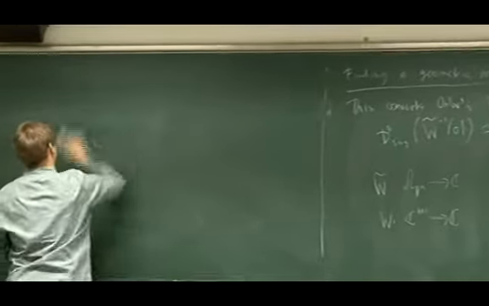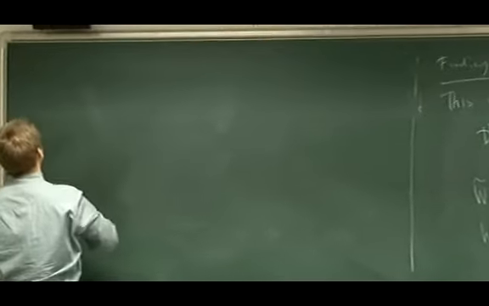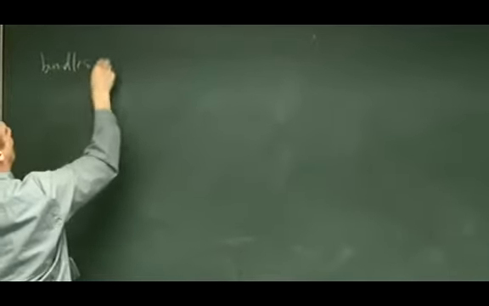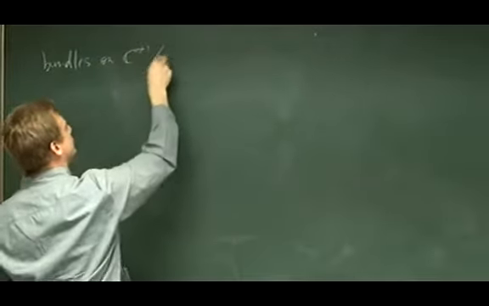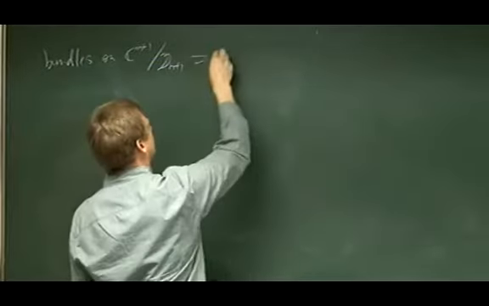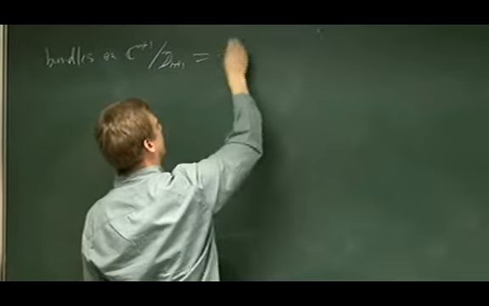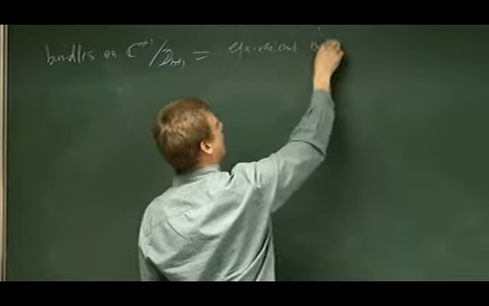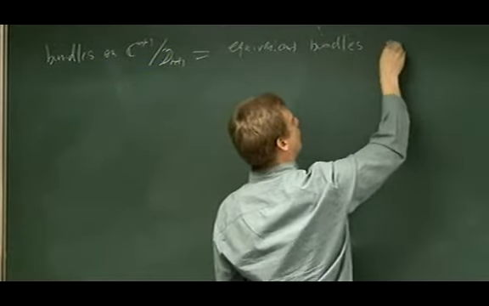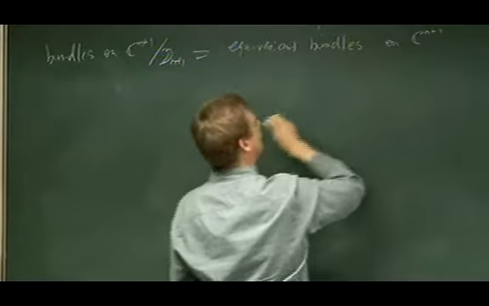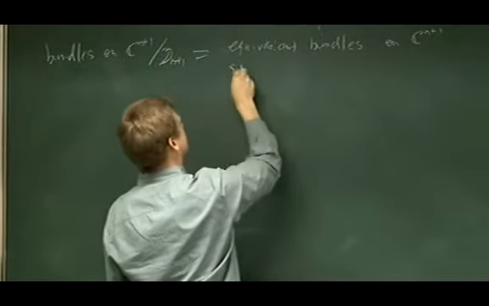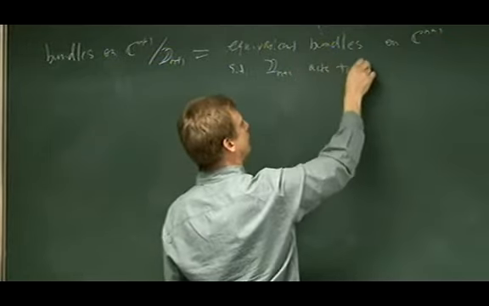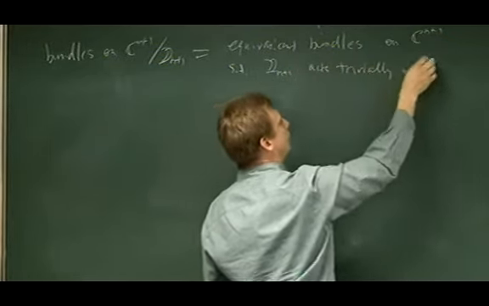Not quite the same thing, because bundles on Cn plus 1 mod Zn plus 1 will actually be equivariant bundles on Cn plus 1 such that Zn plus 1 acts trivially on the fiber at 0.